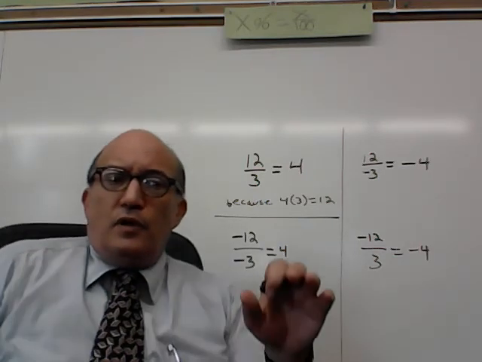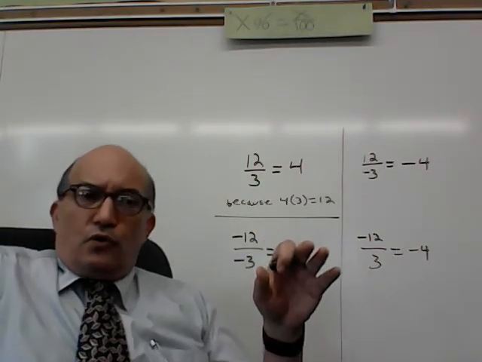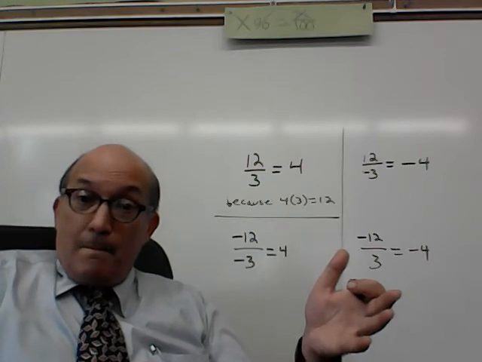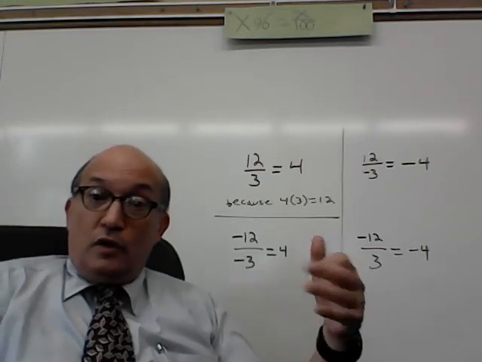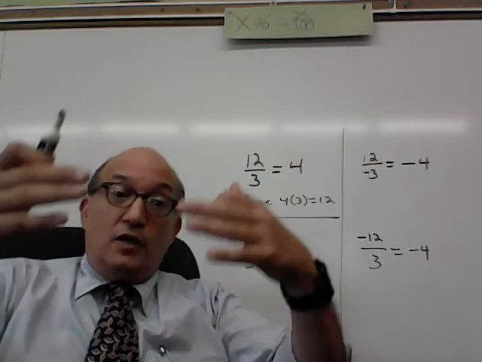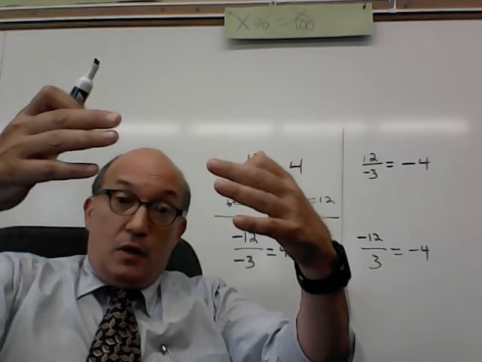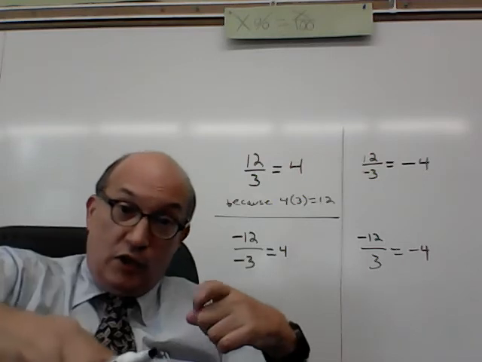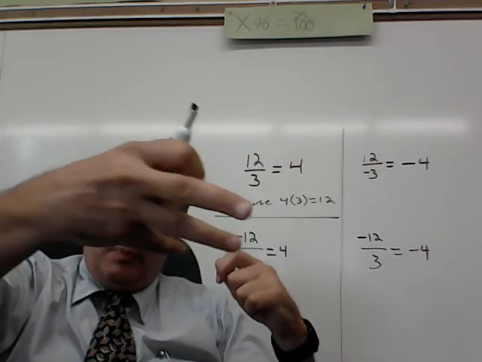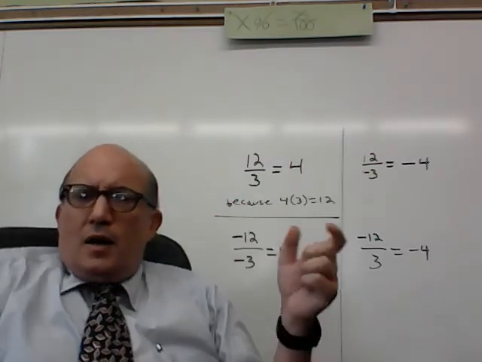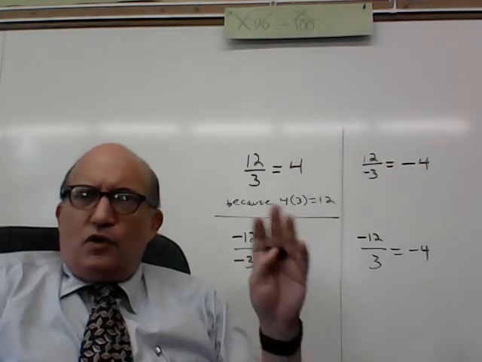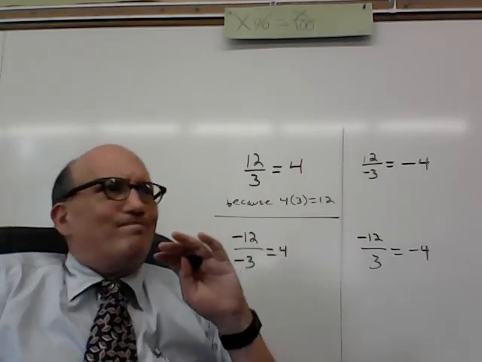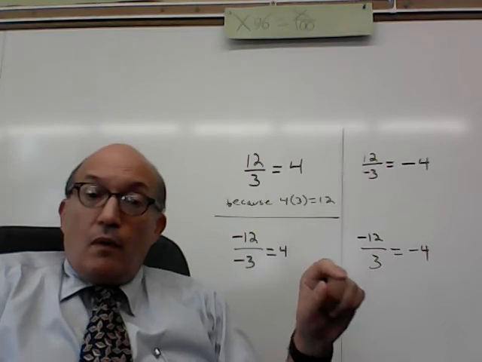This is a very important thing to go through with fraction division. When you're developing the rule for dividing two fractions, keep the first fraction, change the division to a multiplication, and then flip the second fraction. I would hate to have to just tell my students, that's the way it is, do it.